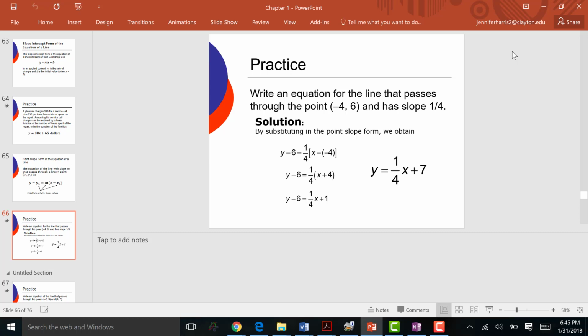Now I'm going to distribute 1/4, which means multiply 1/4 times everything inside the parentheses. So that's going to end up being 1/4 times X plus 1/4 times what? 4. Now, it's up to you whether you want to leave this like this or put a 1 underneath it so you've got 2 fractions.